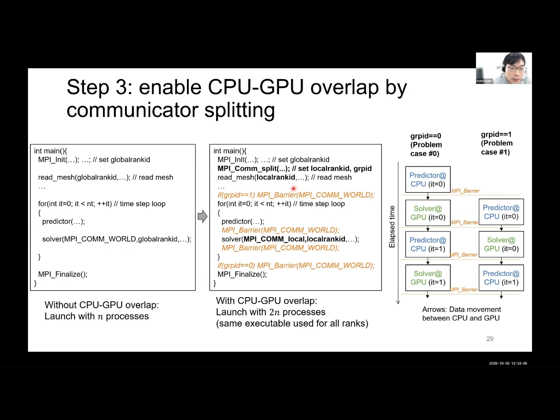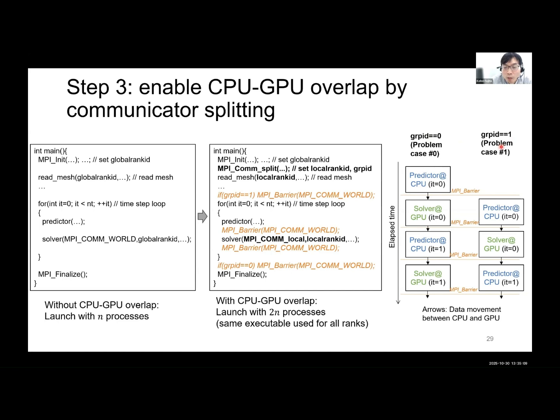And then next, we insert the MPI barriers such that the solver on the GPU and the predictor on the CPU are synchronized among processes. So here, first for group ID 0, problem case 0, we first compute the predictor on the CPU. And then group ID 1 will be waiting until the predictor is finished.